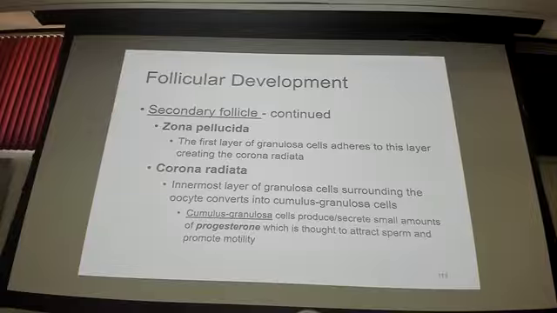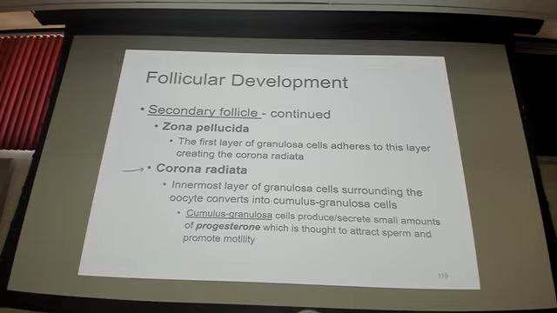In the secondary follicle, we have the innermost cells of the granulosa cells, immediately surrounding the egg in the zona pellucida, right? The zona pellucida is the shell of the egg. Right around that shell is a crown of cells called the corona radiata.